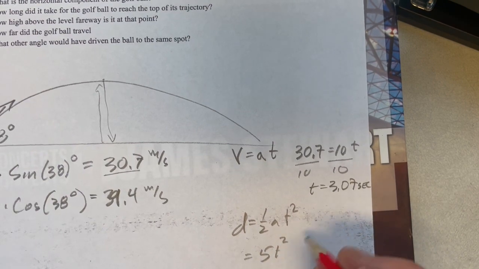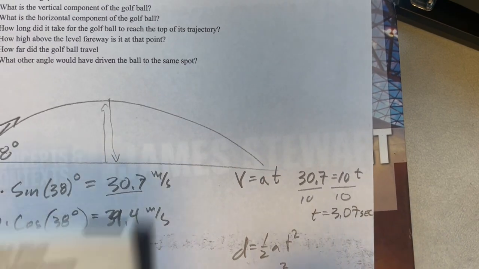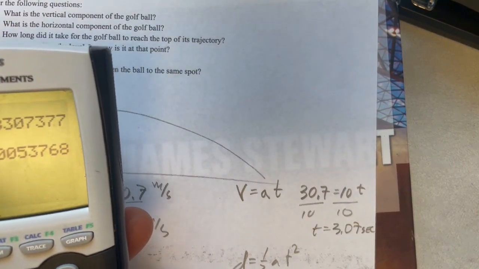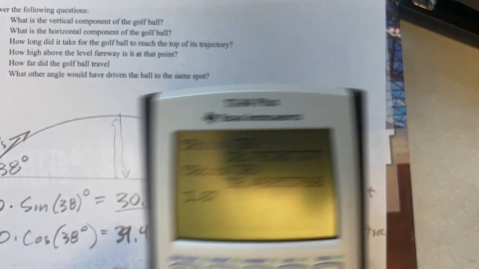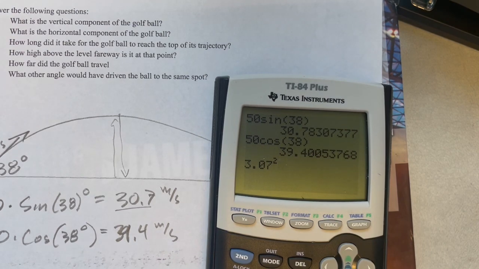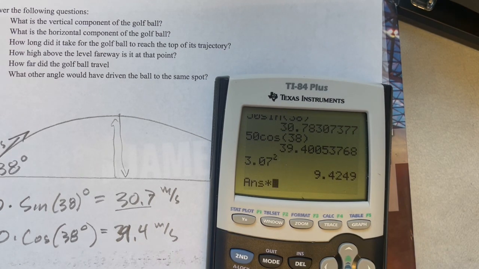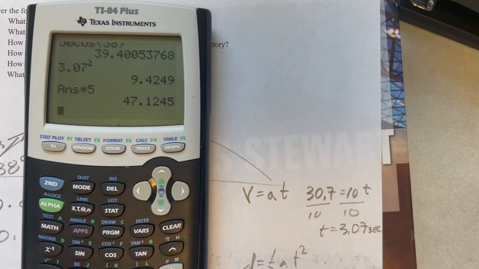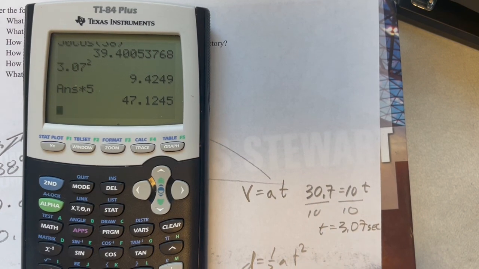In this case, t is 3.07. So I'm going to take that 3.07 and square it, and then multiply that times 5, and it's going up 47.12 meters.